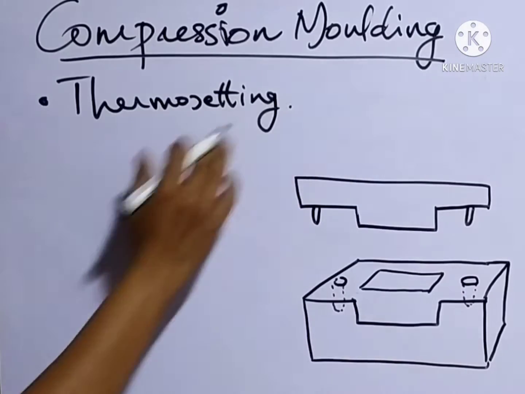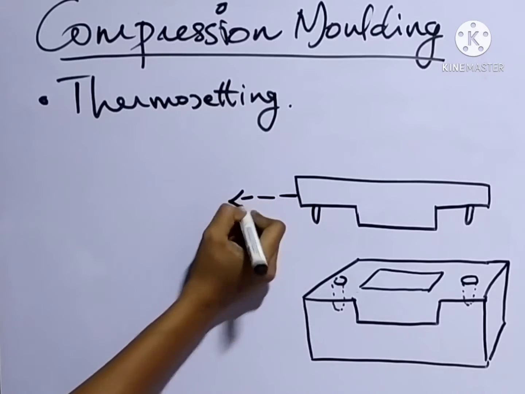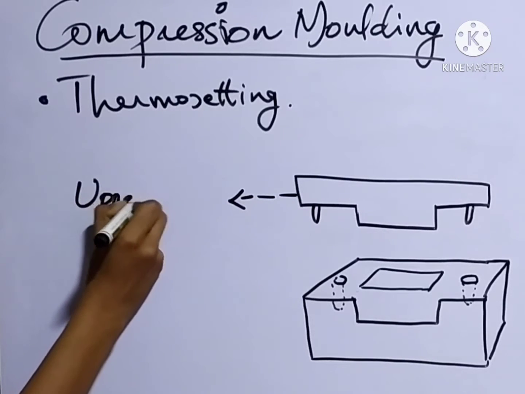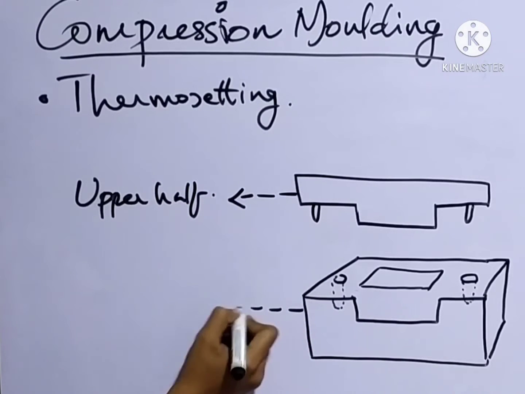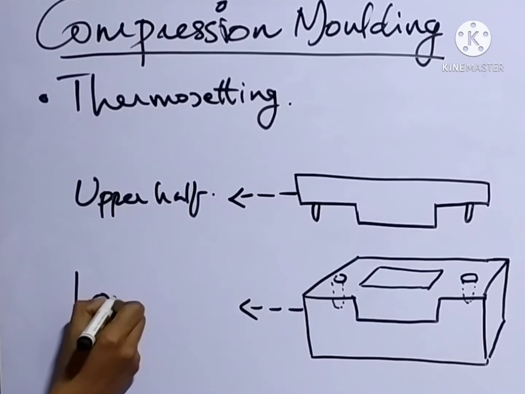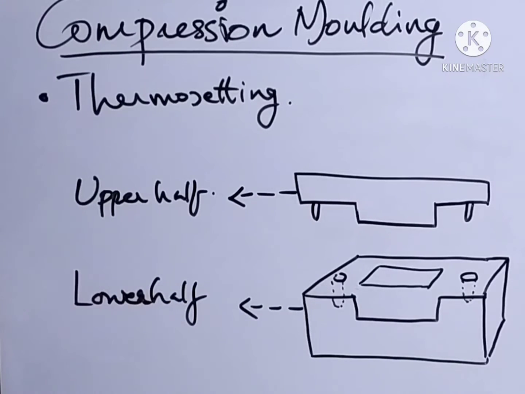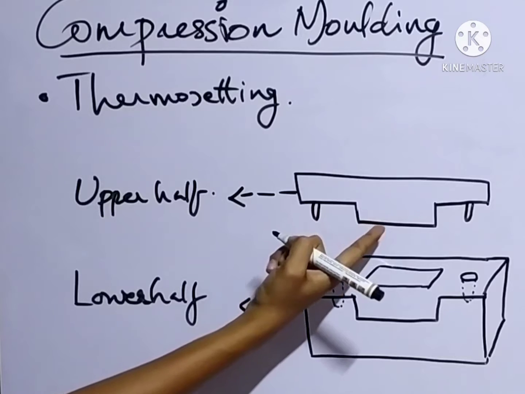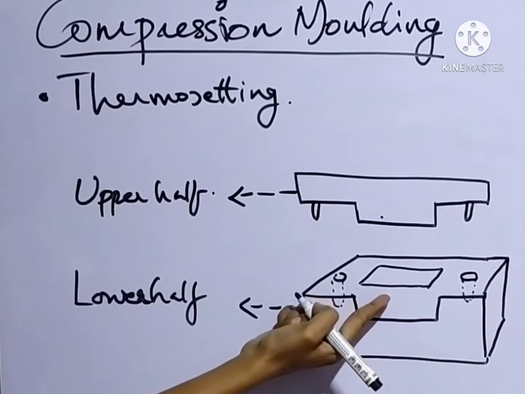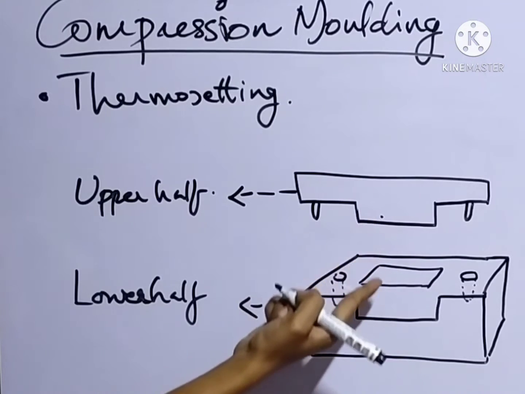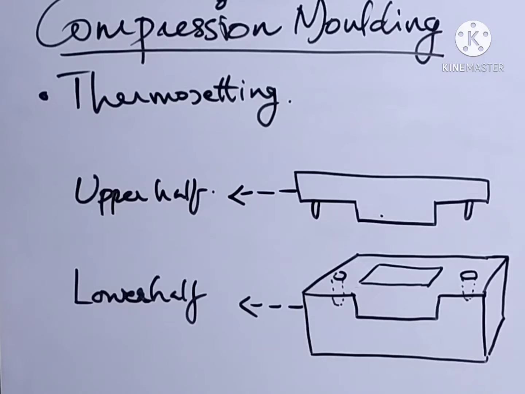Here the instrument is almost like this. The mold contains an upper half and a lower half. This upper half contains a projection and the lower half contains a cavity which has the same size and shape as the projection in the upper part.